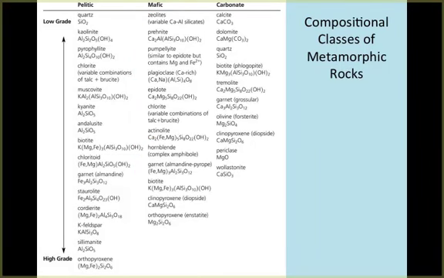With a carbonate protolith, of course, calcite and dolomite, plus or minus quartz. And then you're going to see these calcium-bearing minerals like the calcium amphibole tremolite or a calcium-rich garnet grossular. At higher grade, you'll see calcium-rich pyroxenes like diopside and wollastonite.